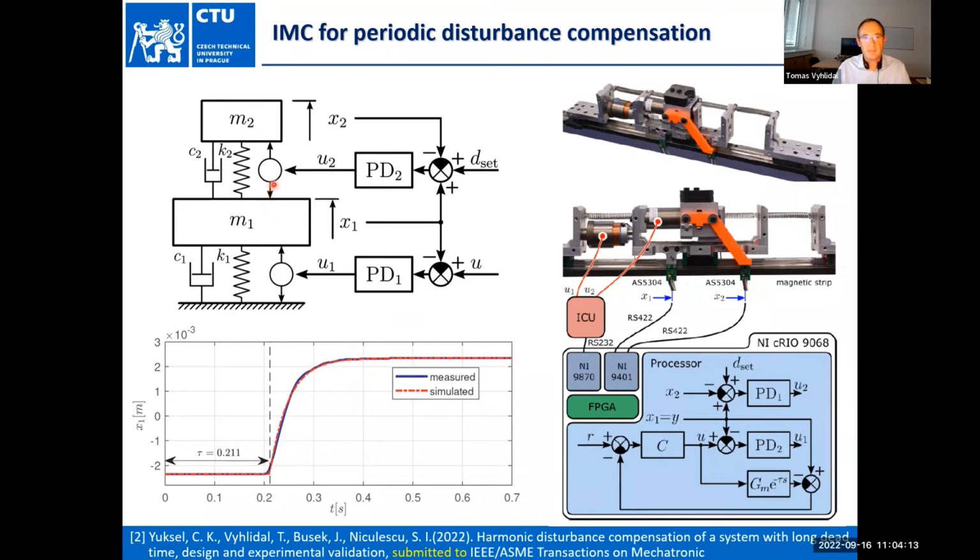Here, this other card is used to excite the lower one by the periodic disturbance. What we used before as an absorber is now used to excite the system. Again, it's implemented in LabVIEW and run on that compact trio.